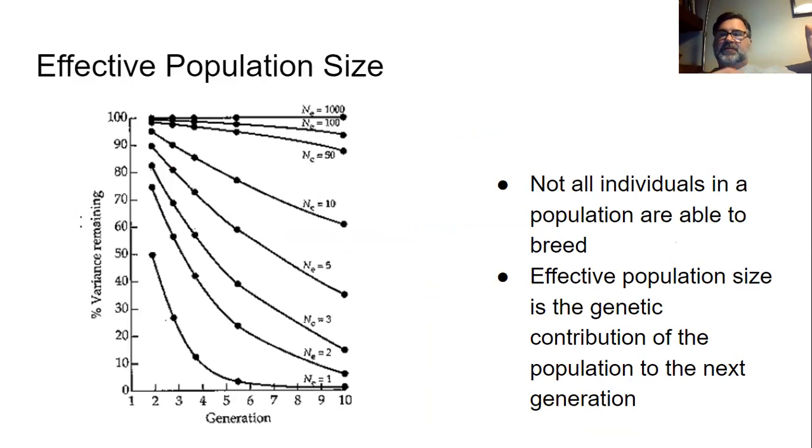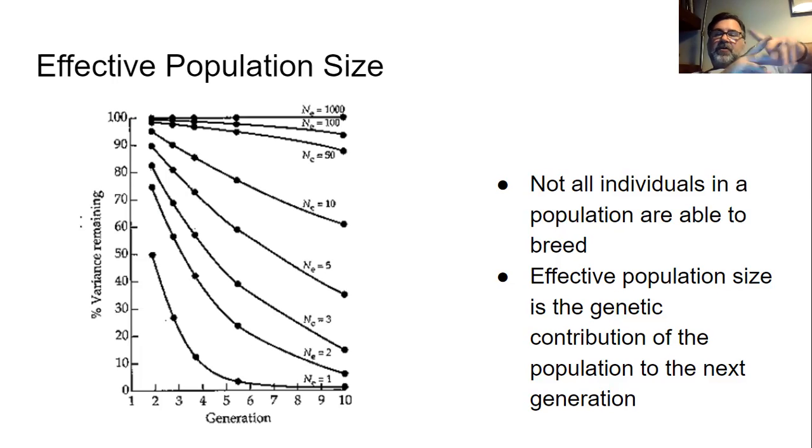And that's because you can't look at the population as if everybody has an equal chance of breeding. What you have to look at is, of say 100 individuals, how many of those are actually going to contribute their genetics to the next population? And that is the effective population size.